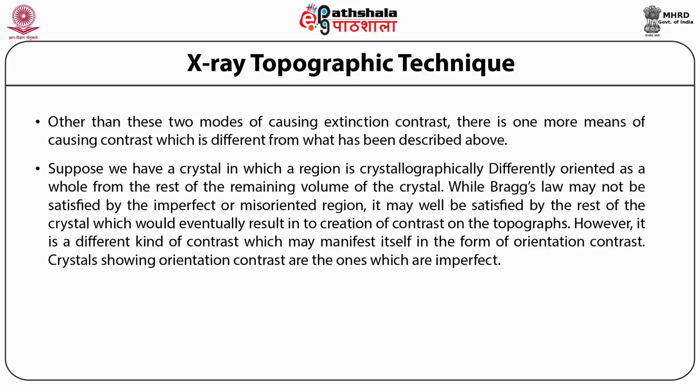While Bragg's law may not be satisfied by the imperfect or misoriented region, it may well be satisfied by the rest of the crystal, which would eventually result in creation of contrast on the topographs. However, it is a different kind of contrast which may manifest itself in the form of orientation contrast. Crystals showing orientation contrast are the ones which are imperfect.